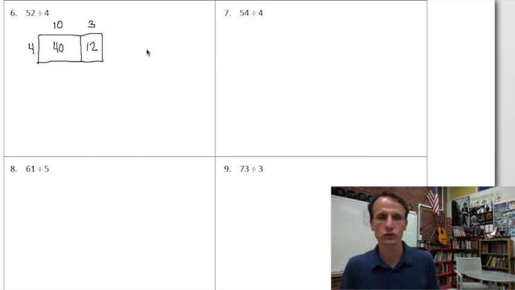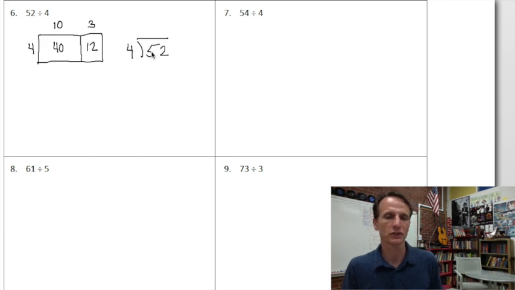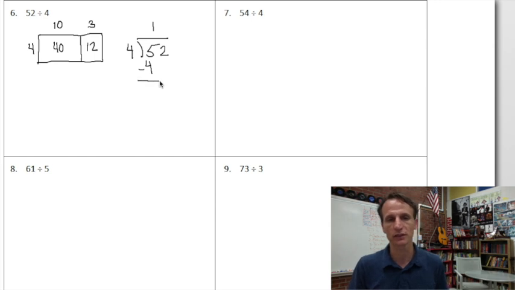So let's go ahead and do this out in long division. We got a quotient of 13 in our area model. Make sure we get the same thing here. All right, so how many 4s in 5? There is 1, because 1 times 4 is 4. Subtract, because we handed out those boxes of donuts.